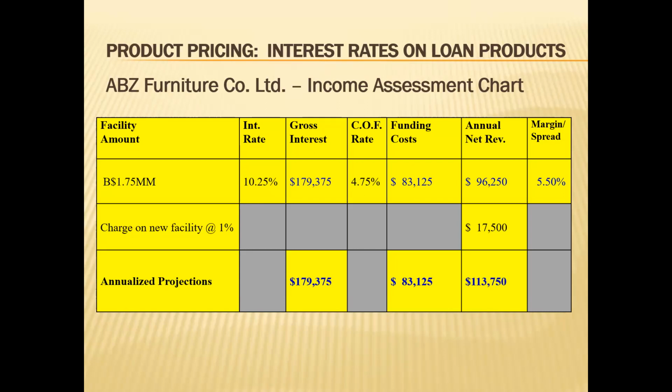Because if they're a very profitable client and they've been paying their facilities well for the time that they've been with you, it is not worth the risk of losing that client. So you may increase the interest rate or the fee somewhere else, or you may not. That'll be an executive management decision. That'll be their call.